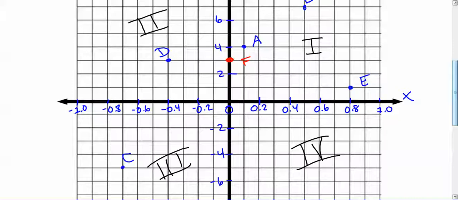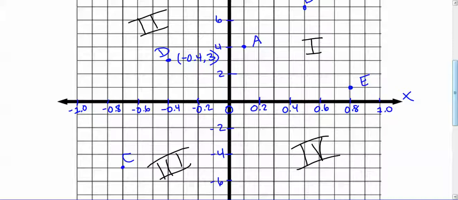Ooh, let's really get fancy here. I'm going to erase this. Who can tell me what the coordinates of point D were? So it's -4/10 and 3. All right, who can tell me what the coordinates of the reflection of point D in the y-axis are?